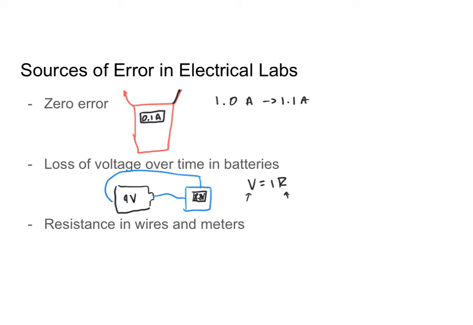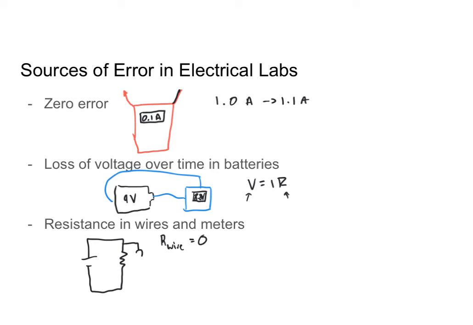And finally, the last thing is the hardest to combat because we really can't do anything about it. The last source of error in electrical labs is the resistance in wires and meters. When we look at a circuit like this in a problem, we often assume that the resistance of the wires is 0.